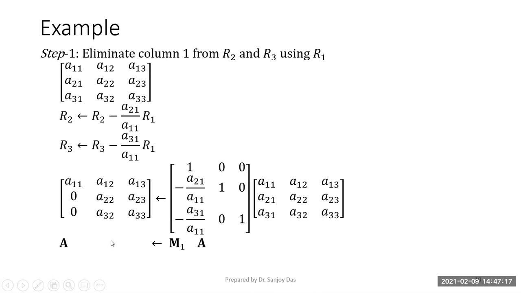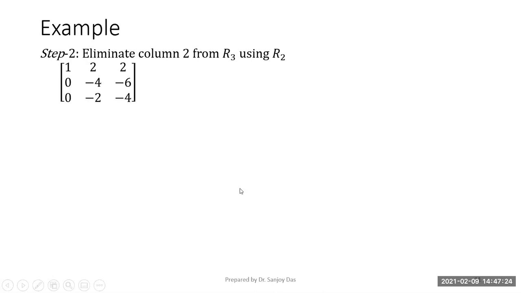So A is replaced with M1A in the general case. Now let's look at the second column. Excuse me, step 2. What do we do in step 2? The lower triangular elements from column 2 are to be eliminated using R2 because we're in step 2, right?